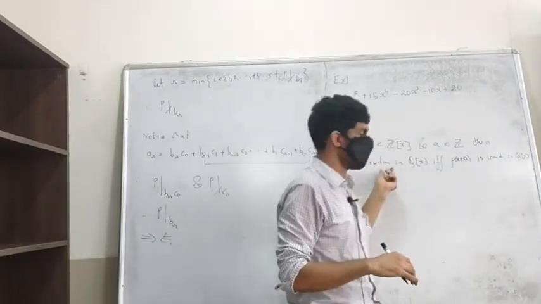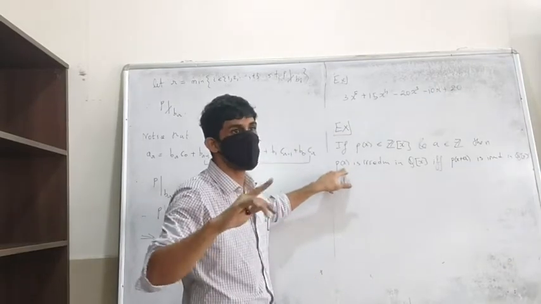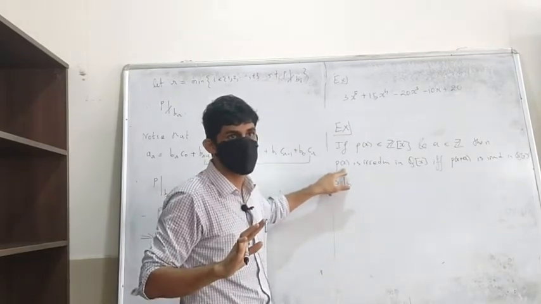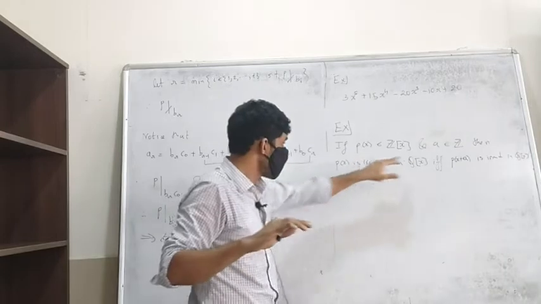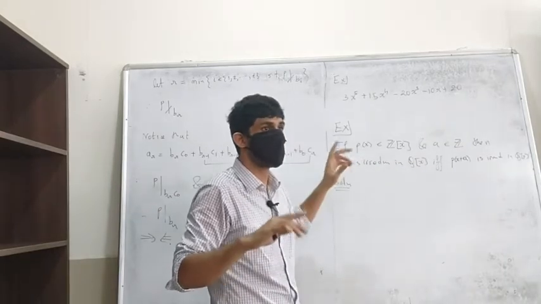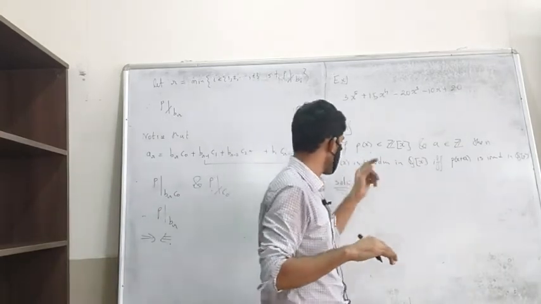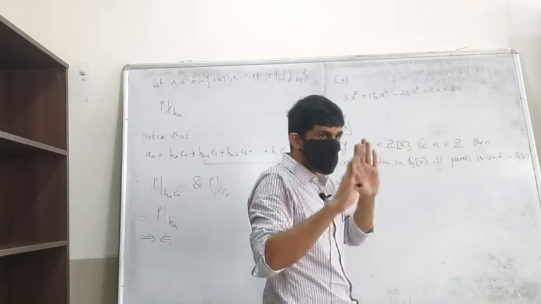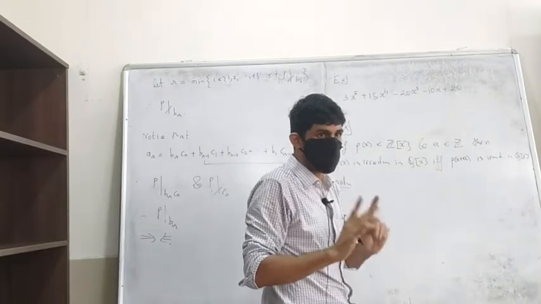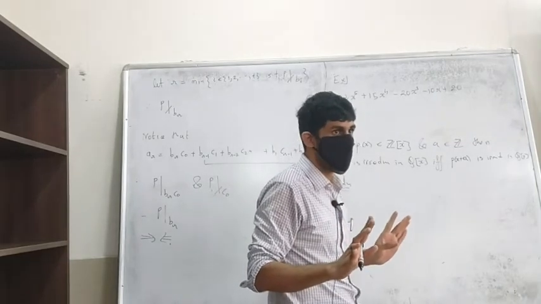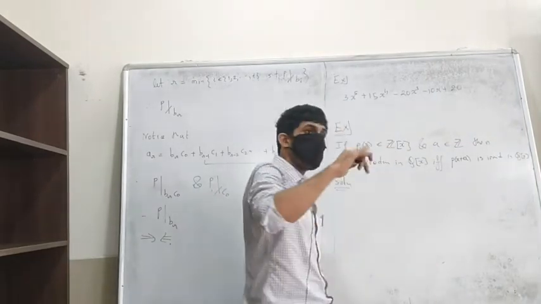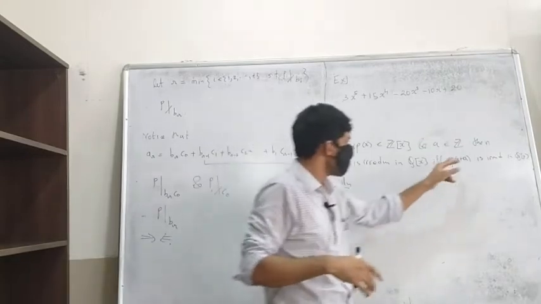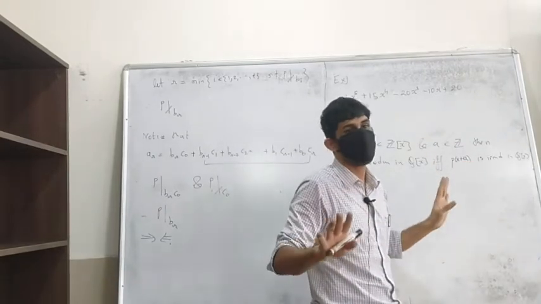If you can write P of x as f of x times g of x in Q, with the degrees of both of these greater than or equal to 1, then P of x plus a will be f of x plus a into g of x plus a.